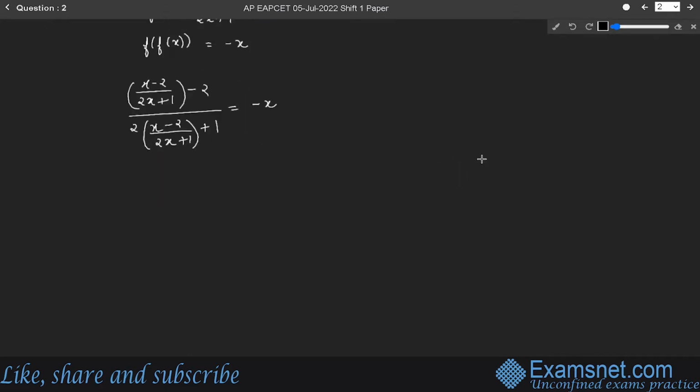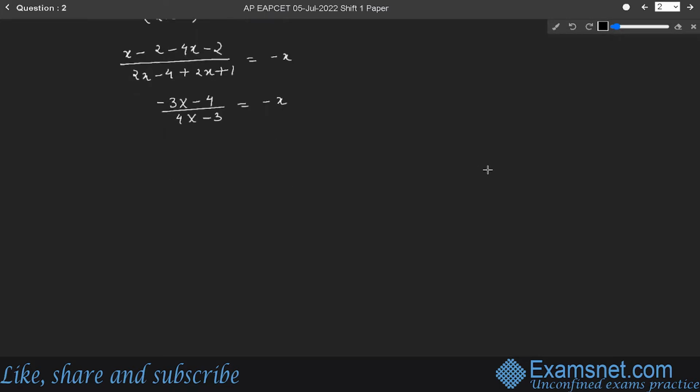On further solving this, it will be x minus 2 minus 4x minus 2 divided by 2x minus 4 plus 2x plus 1 is equal to minus x. On further simplification, this will be minus 3 into minus 4 divided by 4 into minus 3 is equal to minus x.